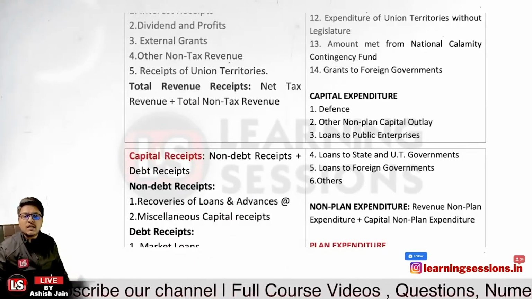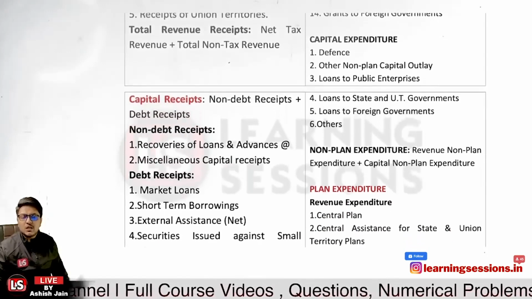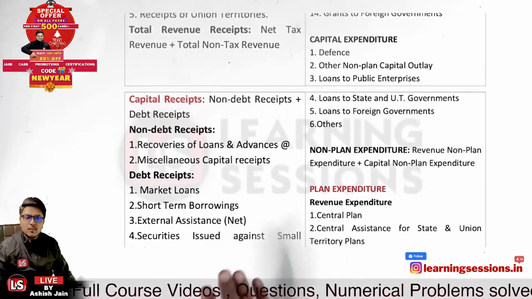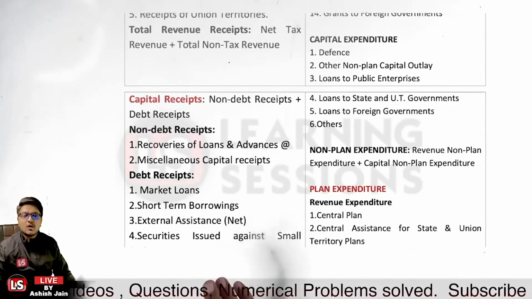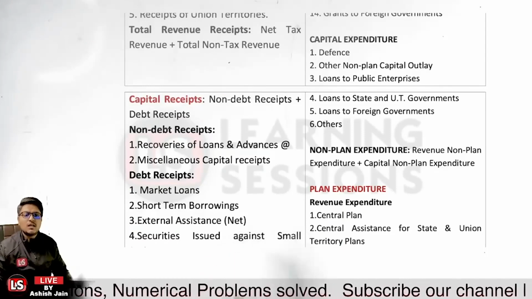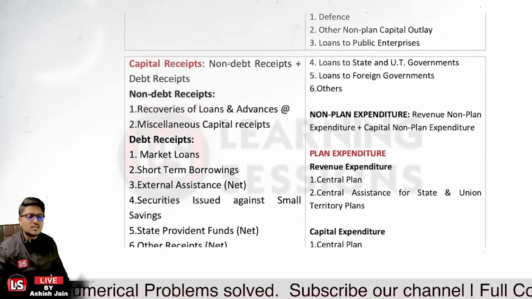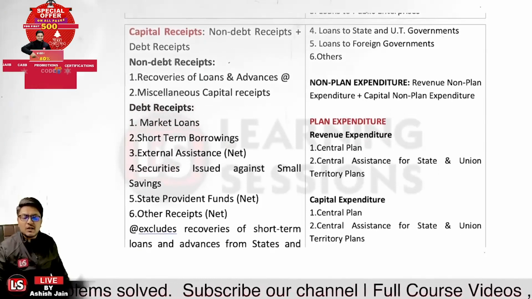Then it is related to the debt receipts. So it may be the case that the government has borrowed from the market or from short-term borrowings, or the government has borrowed external assistance, or securities issued against small savings or state provident funds may be there. Other receipts can be there.